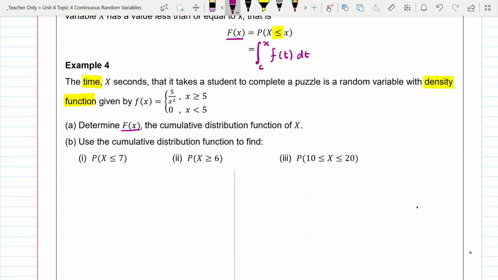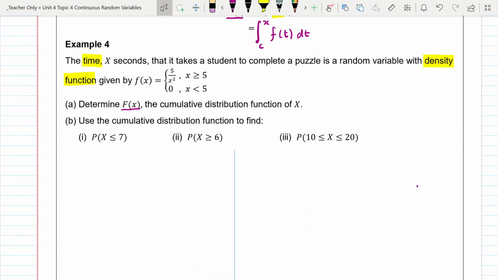Now capital F of x implies that we are going to be integrating. So we want that our capital F of x is going to be our probability of x being less than or equal to x, and capital F of x is also equal to our integral. Now we're saying x greater than 5, so it's going to be from 5 to a point x. We don't know what it is, and so we're going to replace our x's with a t just so that we can easily integrate and not get mixed up between the x's and the t's.